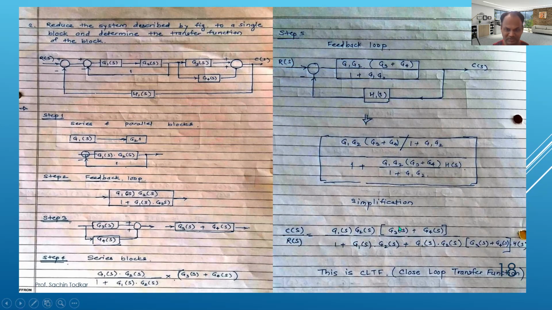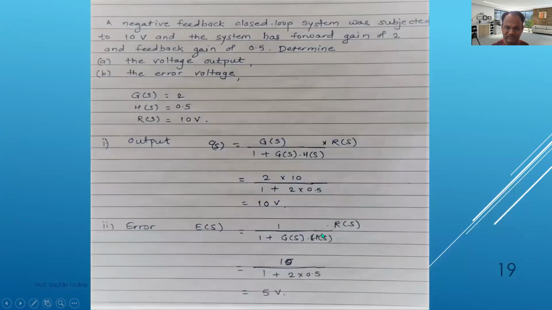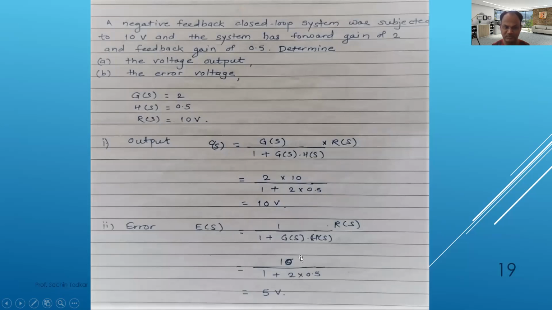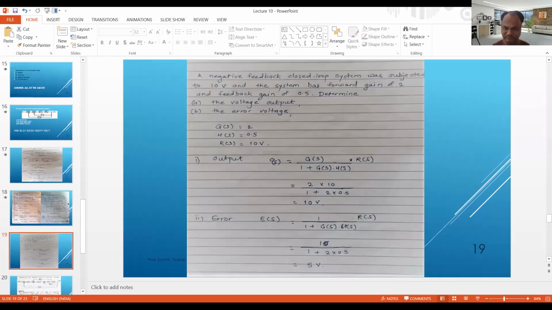You can simplify it on your own, because in multiple choice questions, this answer may not be there. So you have to simplify like what I have simplified here, and arrive at this particular answer so that you will get the correct multiple choice.